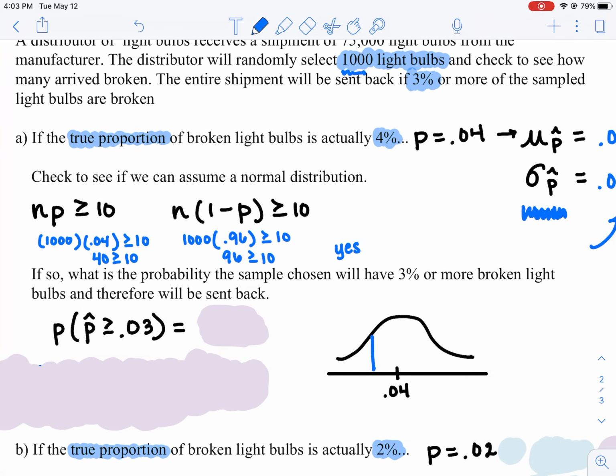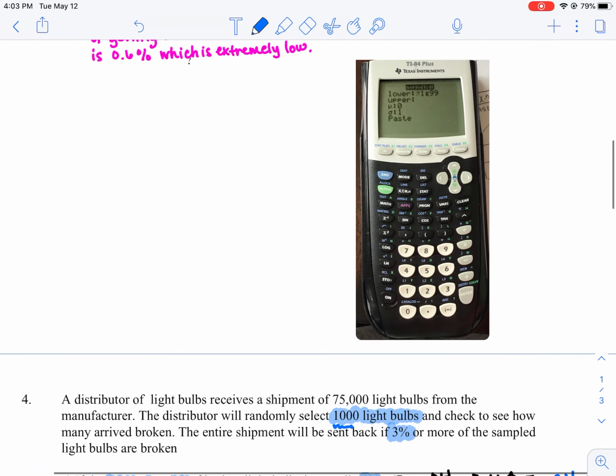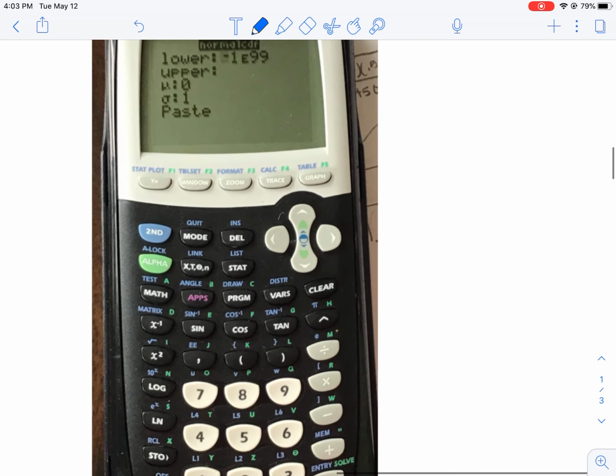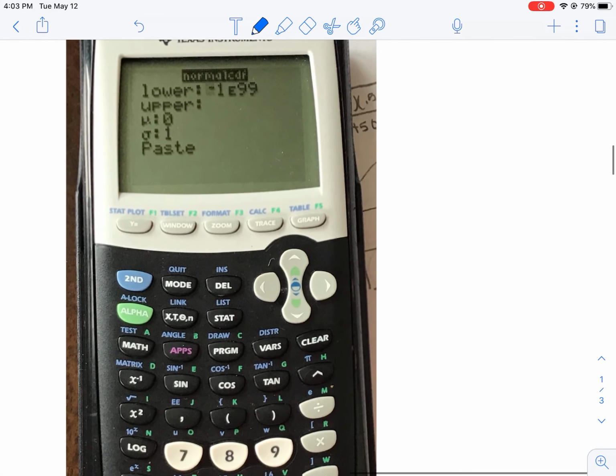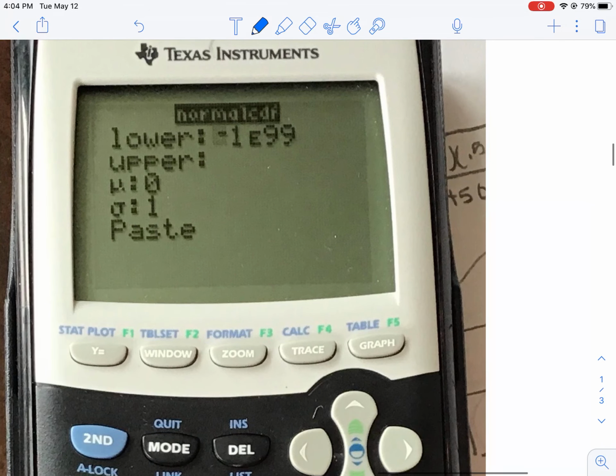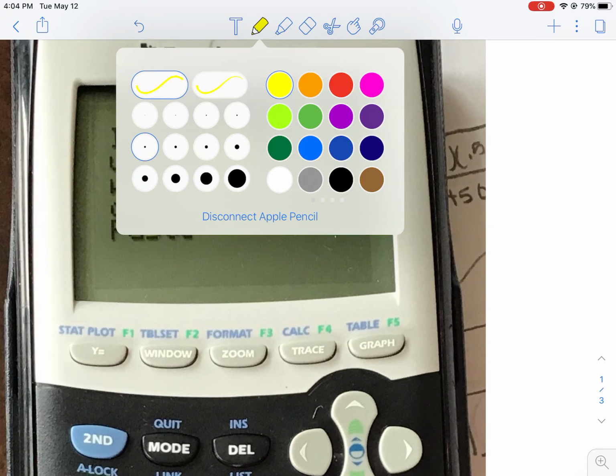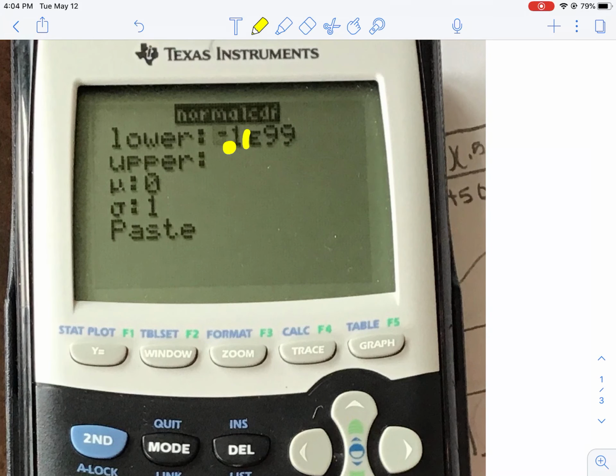Okay, so what you should have done is on your calculator, which I have up here, second VARS, choice 2, normal CDF. Now, this is a greater than or equal to example. So now we have to have a lower bound, and our lower bound is going to be 0.03. And our upper bound is infinity.